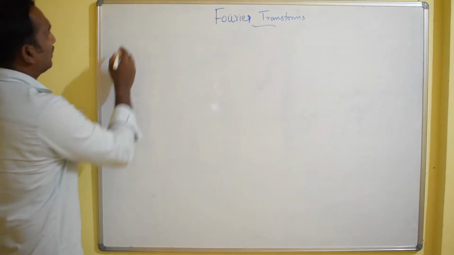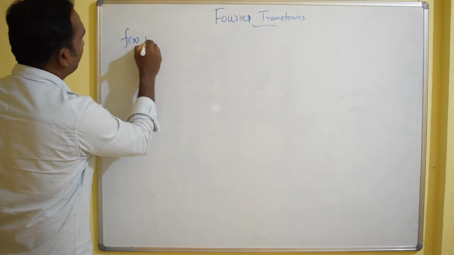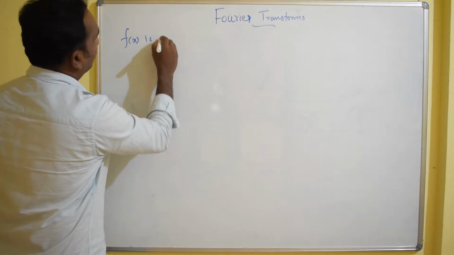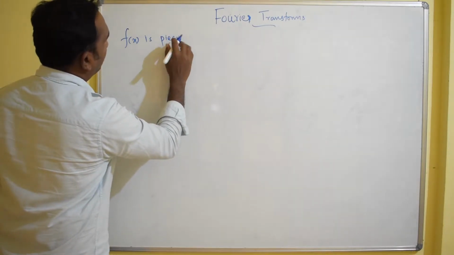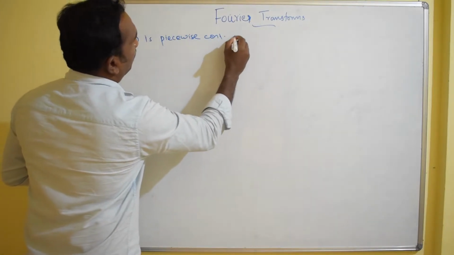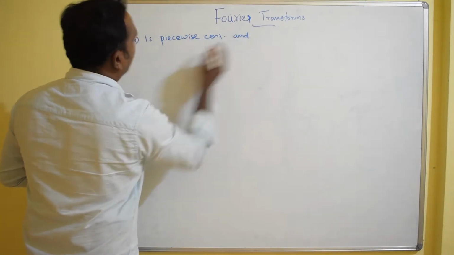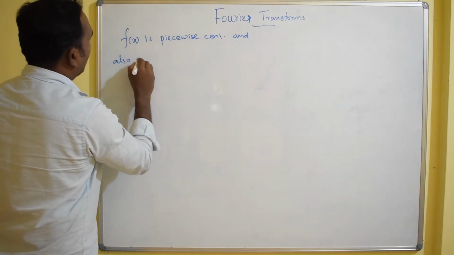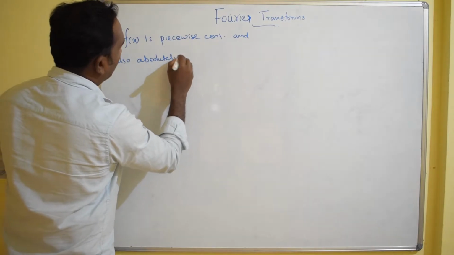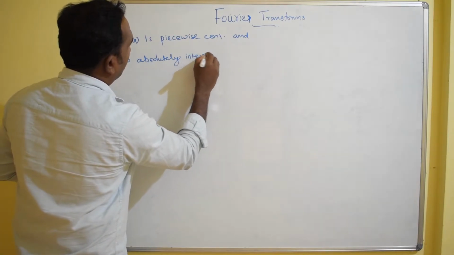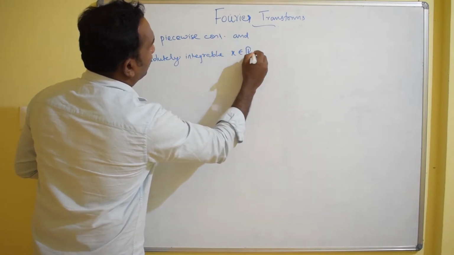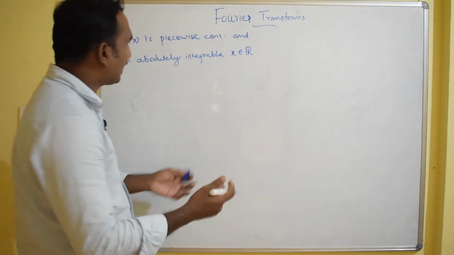Suppose I have the function f of x, which is piecewise continuous and also absolutely integrable, with x belonging to the set of real numbers, the real line.